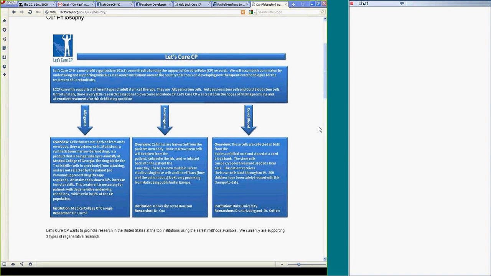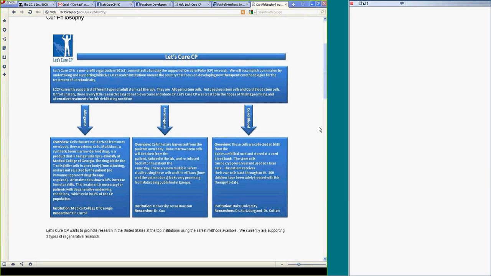So allogenic cells are extremely important for what we're doing with cerebral palsy, because there's probably about a 20% population of cerebral palsy patients that have what's called a degenerative disorder as well. That means the patient's own cells will not be sufficient to heal their own body, and that's where the allogenic cells are so important.